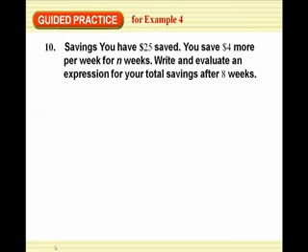Okay, so our guided practice, savings. You have $25 saved. You save $4 more per week for n weeks. Write and evaluate an expression for your total savings after 8 weeks. So it wants our total, so that's going to include the 25. We saved $4 per week for n weeks. So 4 per week for n weeks, we don't know how many it is right now, plus 25.